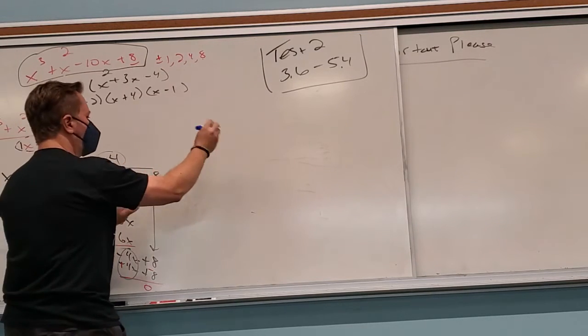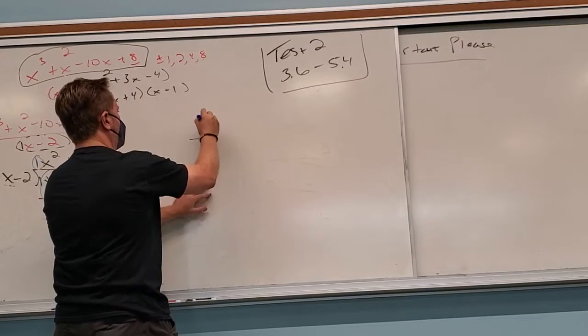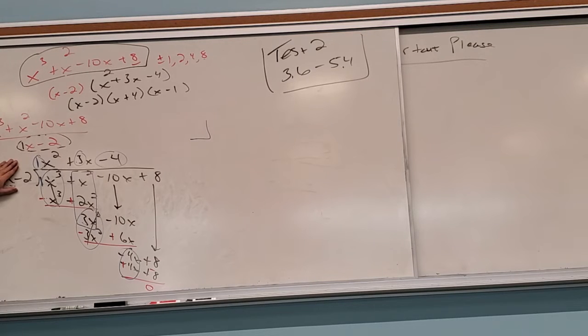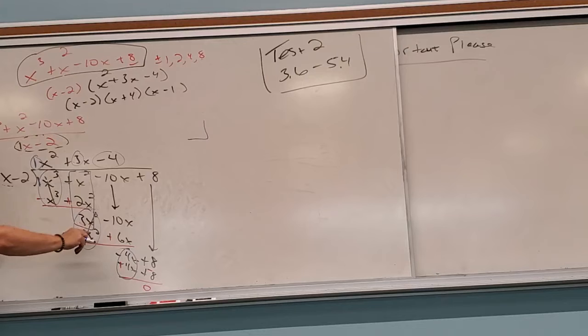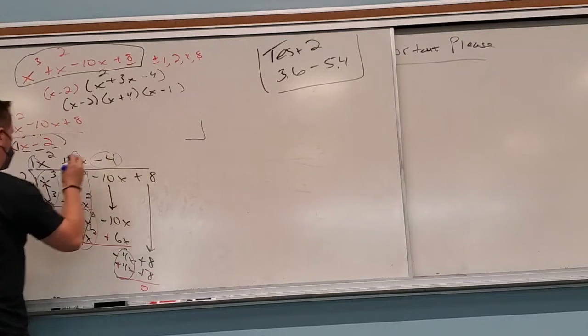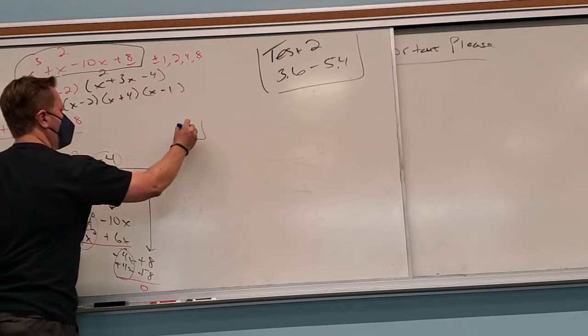So the way we set this up, I'm not going to write x. I would write -2, but I don't even write -2. Instead of changing the sign each time, I'm going to change the sign right at the beginning. So when I see x minus 2, I'm going to put a 2.